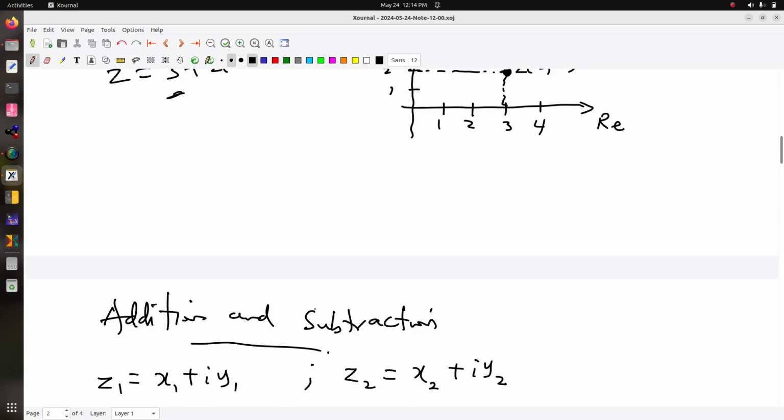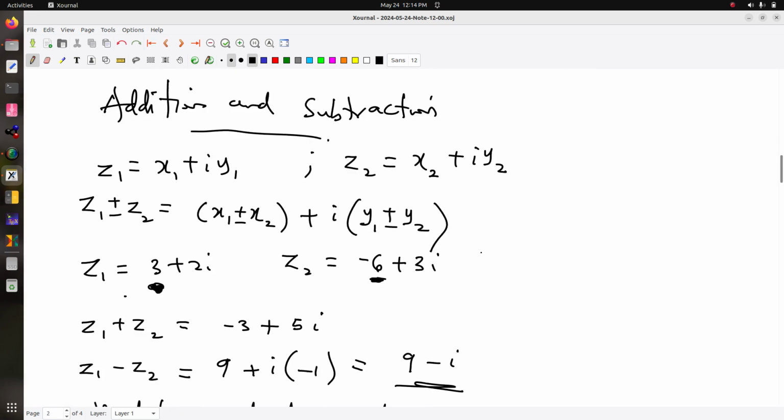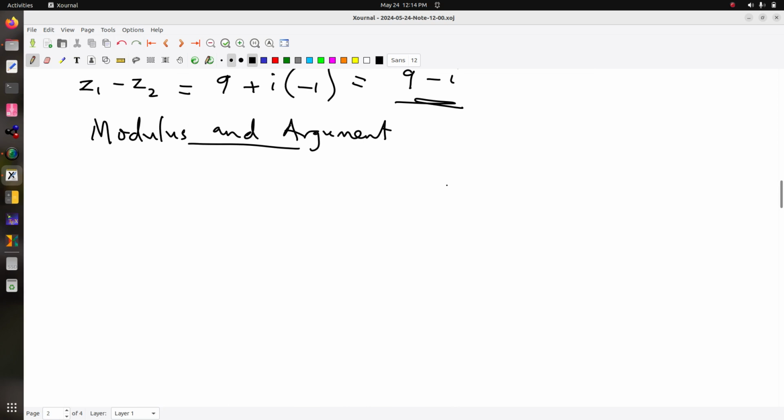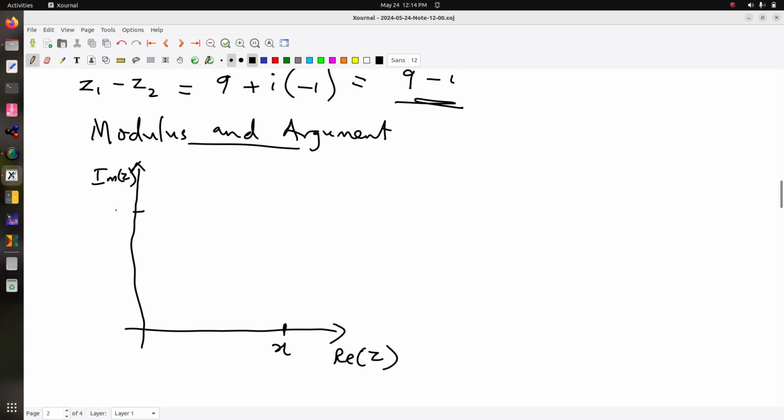Now I plotted this Argand diagram, so let me plot the Argand diagram again. This is the real part of z, and this is the imaginary part of z. Let's say the real part is x and the imaginary part is y.